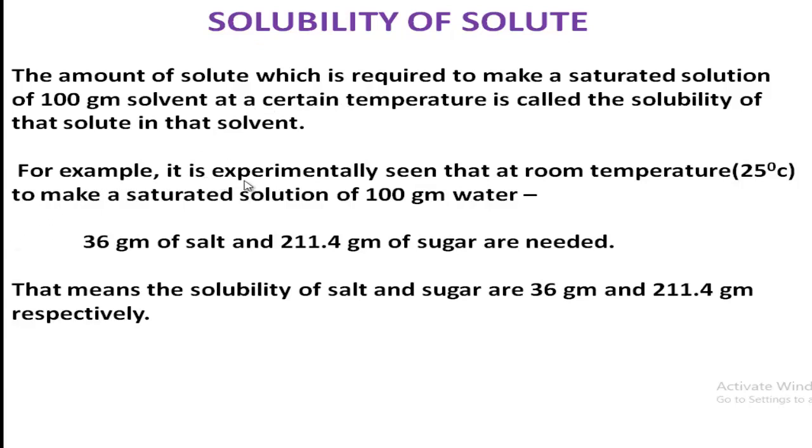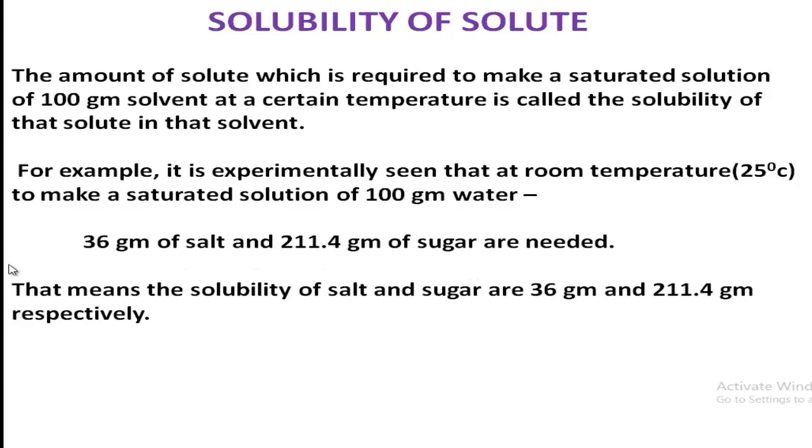For example, it is experimentally seen that at room temperature, to make a saturated solution of 100 gram water, 36 gram salt is needed, and also 211.4 gram sugar is needed. So these 36 gram and 211.4 gram are the solubility of salt and sugar respectively.